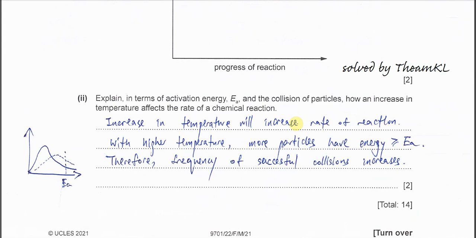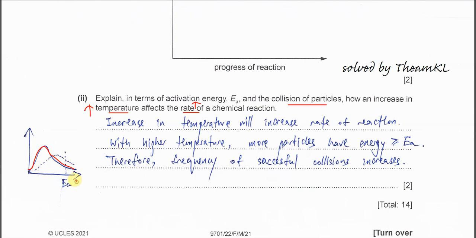Part 2. Explain in terms of activation energy and the collisions of particles how an increase in temperature affects the rate. We know that when the temperature is higher, the rate is higher. It's always true, because all the particles have higher kinetic energy, like what I said just now. This one is lower temperature and the dotted line is higher temperature.